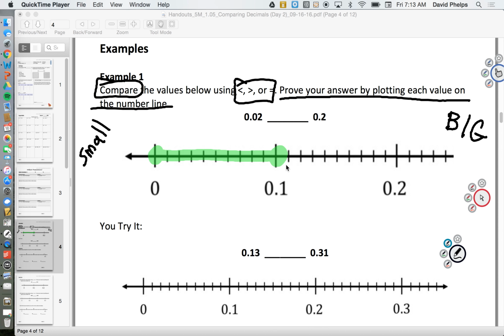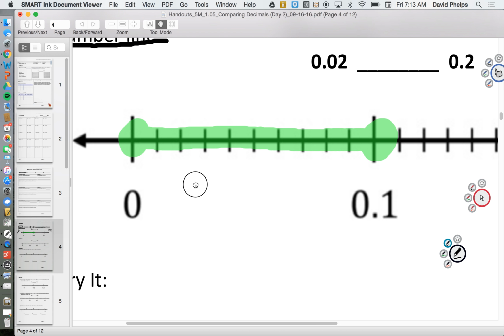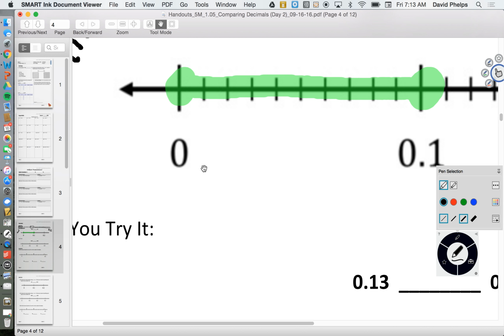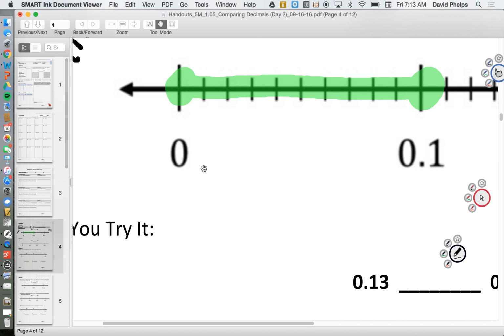So let's figure out where 0 and 2/10 would go. Well, this first dot, I'm going to zoom in a little bit so you can see. This first dot would give us 0 and 1/10 right here. 0 and 1/10. Next to that would be 0 and 2/10. And we could actually continue this pattern all the way down.